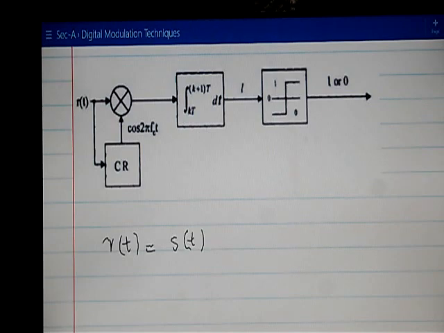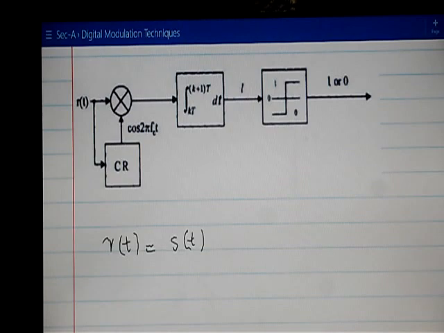So we will assume that the perfectly synchronized carrier cos of 2 pi fct is available, and the next block is a multiplier which multiplies the received signal with this recovered carrier.